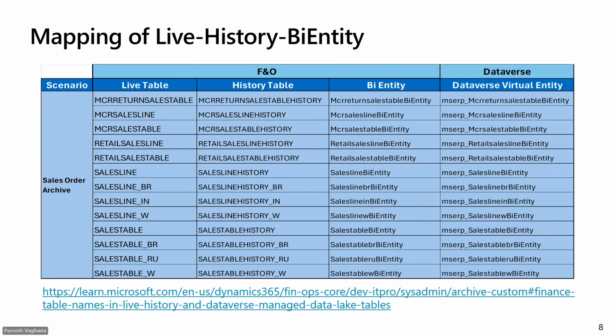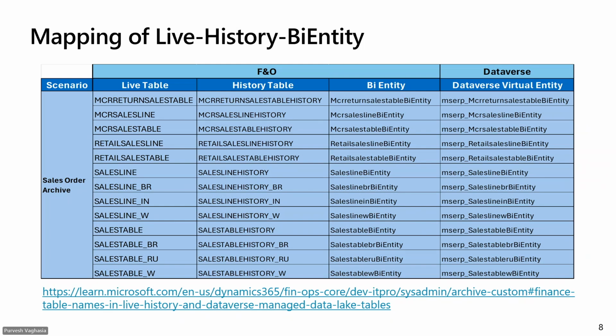Against each live table, we have a mapping history table. And against each of those live and history tables, we have a mapping BI entity, which we create in FNO. And against those BI entities, we will have a mapping Dataverse virtual entity. So just think about an example of the sales order archiving process, which has 13 tables in it. You can see all the 13 tables listed here.